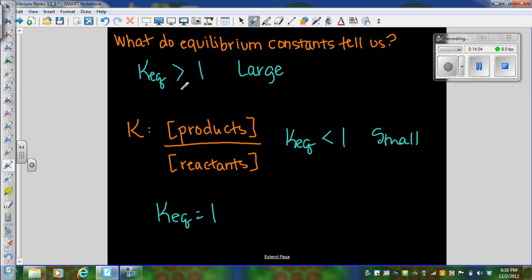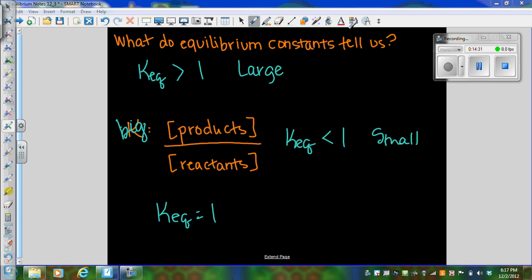So if we think about what these mean, if we have an equilibrium constant that's larger than 1, let's say this number is big. If you think about the relationship between concentration of products and reactants, what has to be true is that your concentration of products has to be greater than your concentration of reactants.